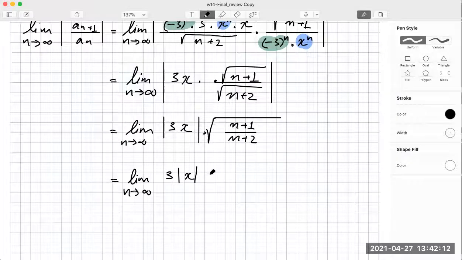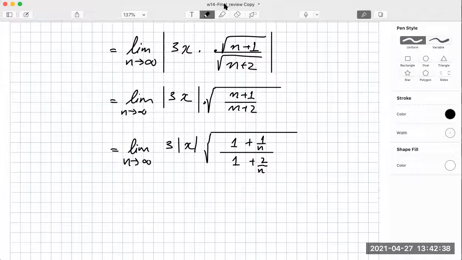And here, this guy, in order to observe it better, let us write this guy. If we divide both numerator and denominator by n, we have that it will be 1 plus 1 over n. The denominator becomes 1 plus 2 over n here.